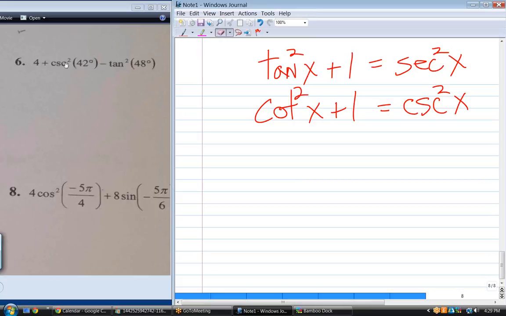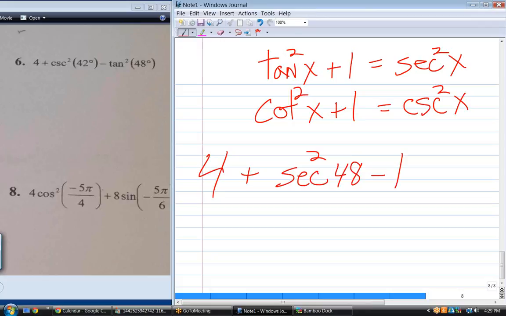How can I relate cosecant to secant? In other words, let's change that to secant of something. So we have 4 plus what? Is that secant 48? Secant squared of 48. Yeah, secant squared of 48.